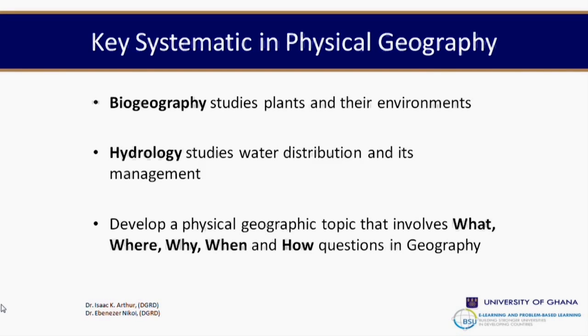Adding to the physical aspect, we have biogeography, which studies plants and the environment. So you would look at specific plants, for example, and study how they grow and their distribution within a particular area. Hydrology will also study water distribution and its management.